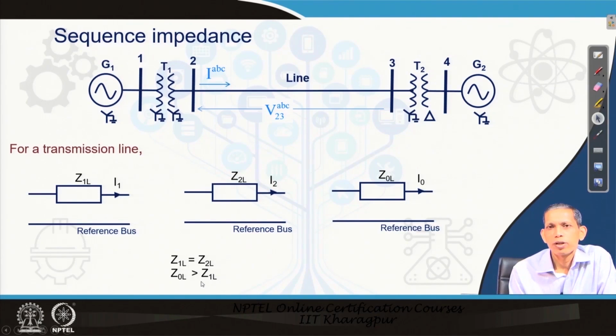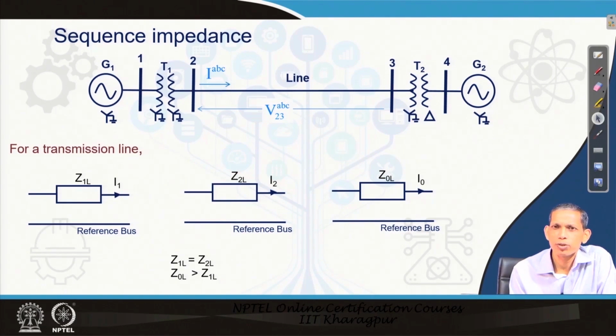For the 0 sequence component, the associated 0 sequence current or applied 0 sequence voltage makes the flux additive. In the case of the positive or negative sequence components the fluxes are balanced, and being balanced the summation of current becomes 0.